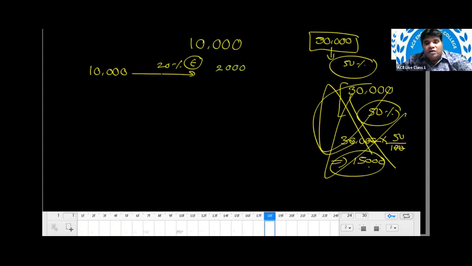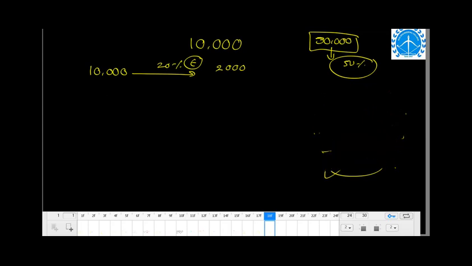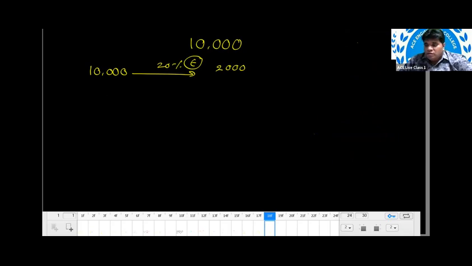In a 10,000, 50% means 5,000. 40% means 4,000. 30% means 3,000. 23% means 2,300. 42% means 4,200. 1% means 100 rupees. 2% is 200. 10% is 1,000 rupees.